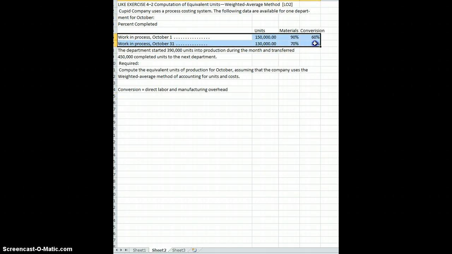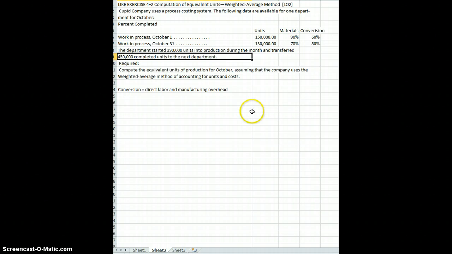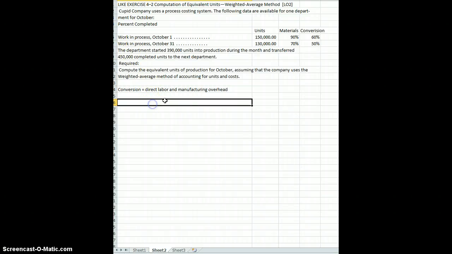So we start with October 1st. We don't really need the October 1st information because these 150 units are either still in the 130 units that are left or part of the 450,000 units that were completed during the month, so that were transferred out. So we'll go ahead and get started.